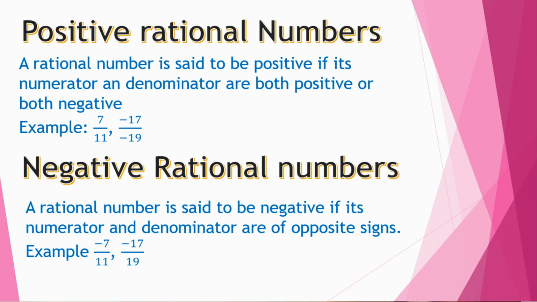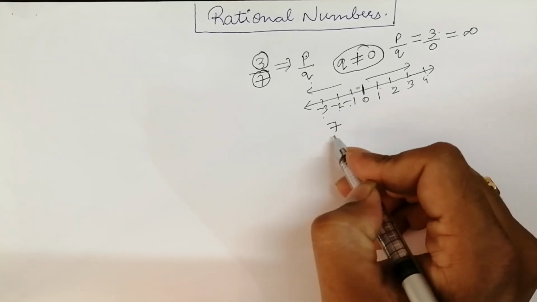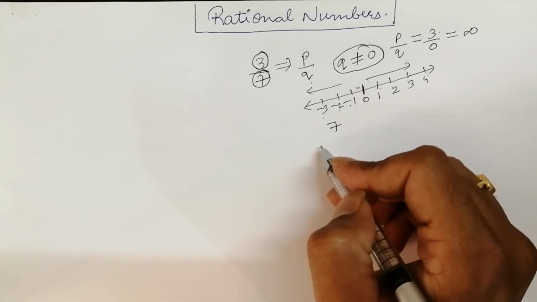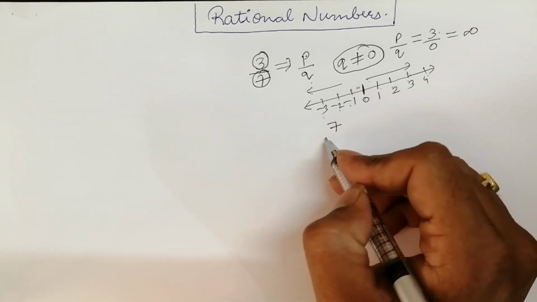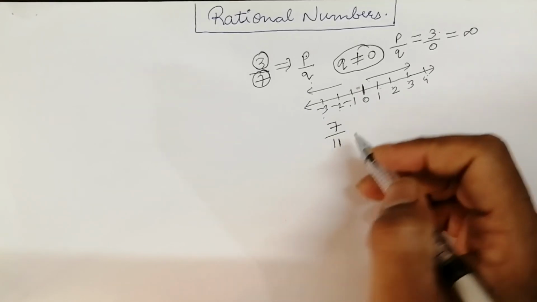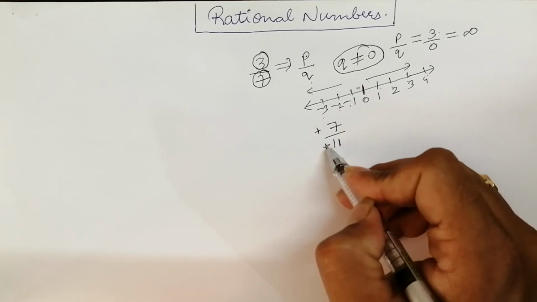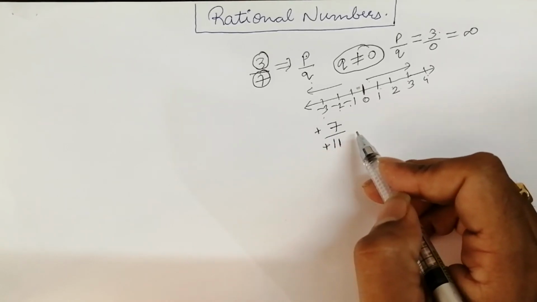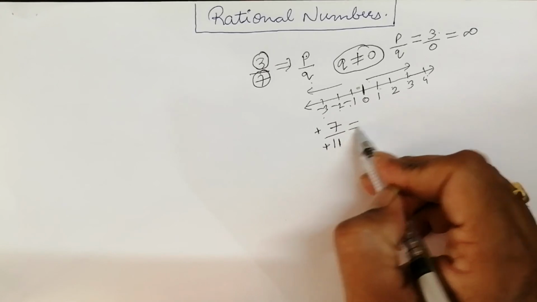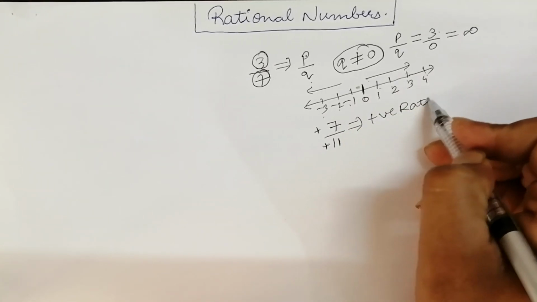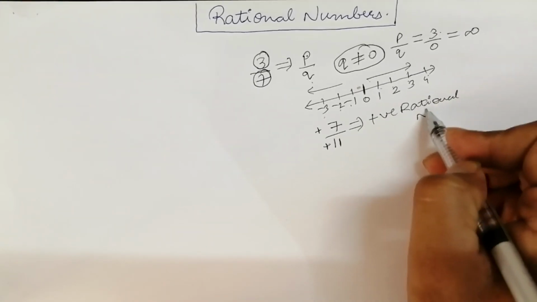Okay, पॉजिटिव रैशनल नंबर के लिए क्या कंडीशन है, डिनोमिनेटर और न्यूमरेटर बोथ शुड बी पॉजिटिव और बोथ शुड बी नेगेटिव. नाउ सी हियर, सपोज 7/11 दिस इज योर रैशनल नंबर. अभी दोनों भी पॉजिटिव है, दिस इज +7 एंड दिस इज +11. सो अल्टीमेटली दिस रैशनल नंबर इज व्हाट, पॉजिटिव रैशनल नंबर. Ultimately this number is a positive rational number.